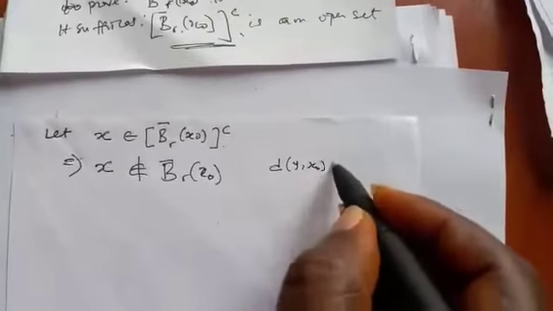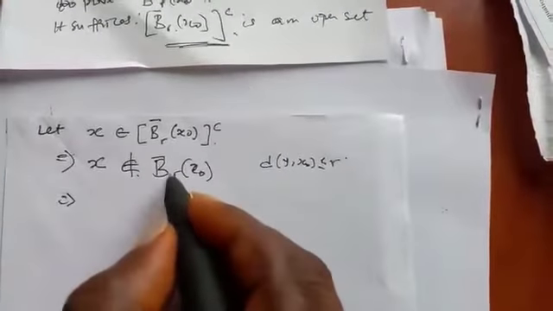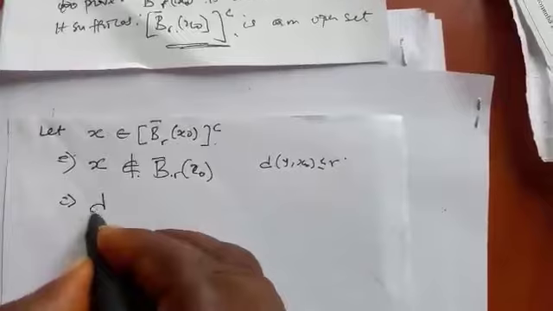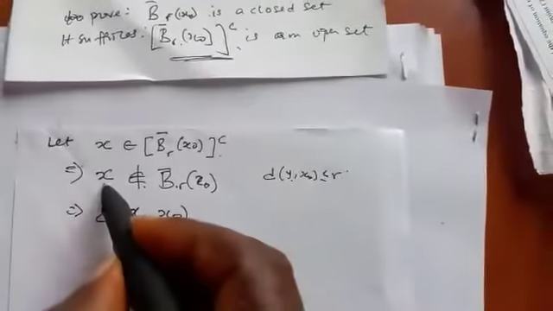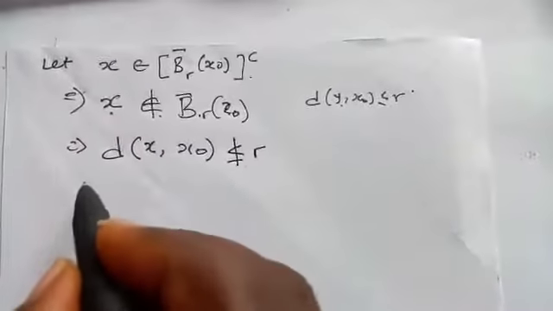Now, if S does not belong to this, by the definition of a closed ball, we normally say that d(y, S0) is less than or equal to R. But since S does not belong to it, this simply means that d(S, S0), here we are using x, this is our S0, will not be less than or equal to R by the definition of a closed ball.